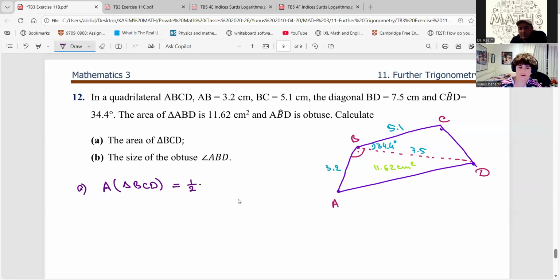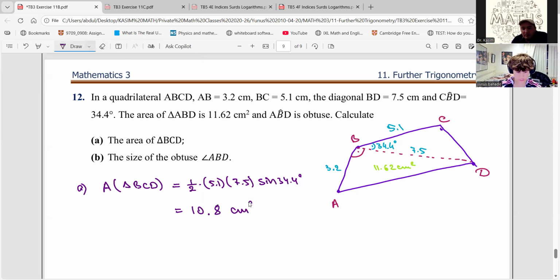One over 2 times two sides and sine of the included angle. 7.5 times 5.1 times sine of 34.4 degrees, which is equal to, let's calculate it. 10.8. I got 10.8. So that's 10.8 cm squared.